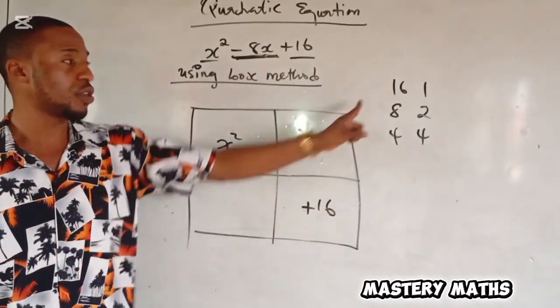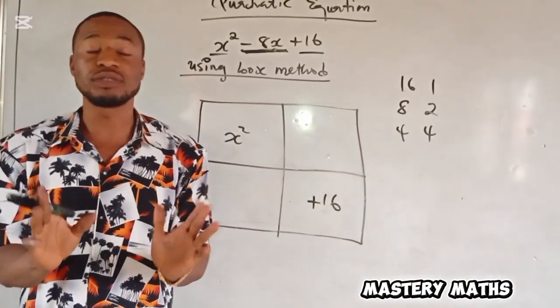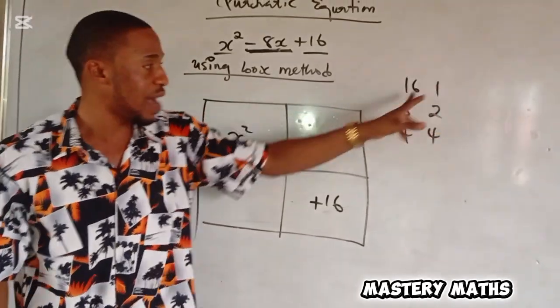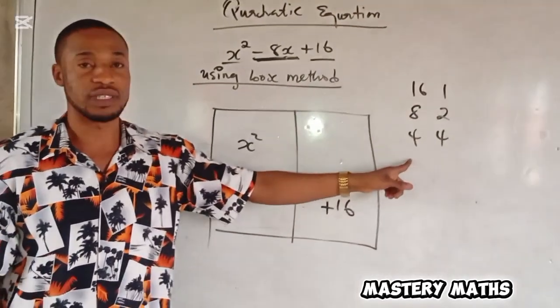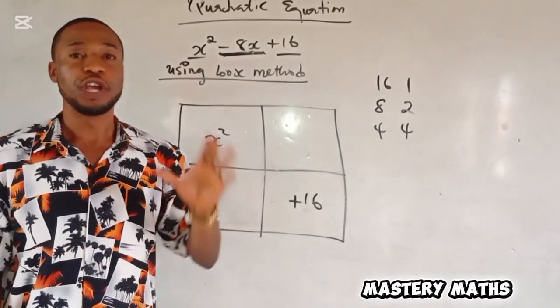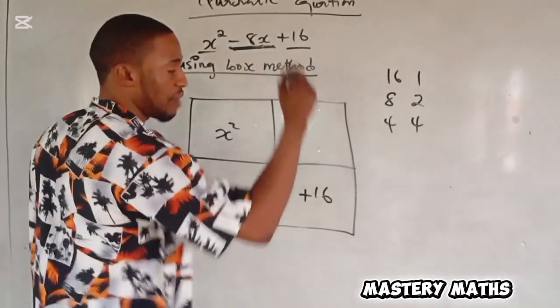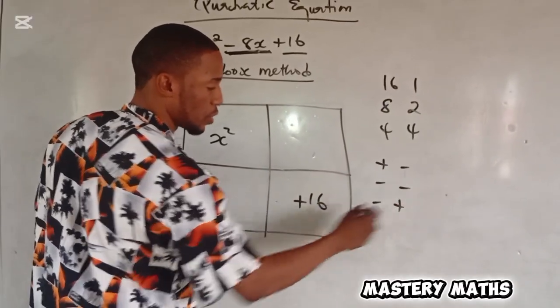After looking for the 2 factors you multiply together to give 16, the next thing that comes to your mind is introducing signs to it. Now you look at the board, we have signs, plus, minus, minus, minus, and minus and plus.